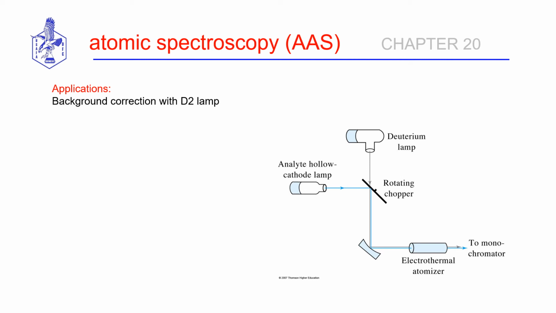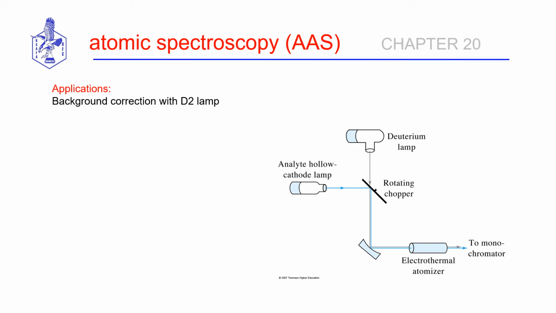Another consideration in application of our atomic absorption or emission methods in which we're using a flame or a furnace: we sometimes have to account for the fact that our samples are complex.